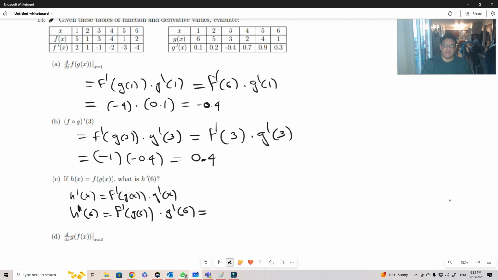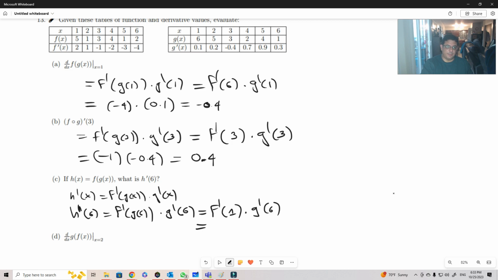Now, what is g of 6? So if I step on g and go to 6, I find out that g of 6 is 1. So this becomes f prime of 1 times g prime of 6.